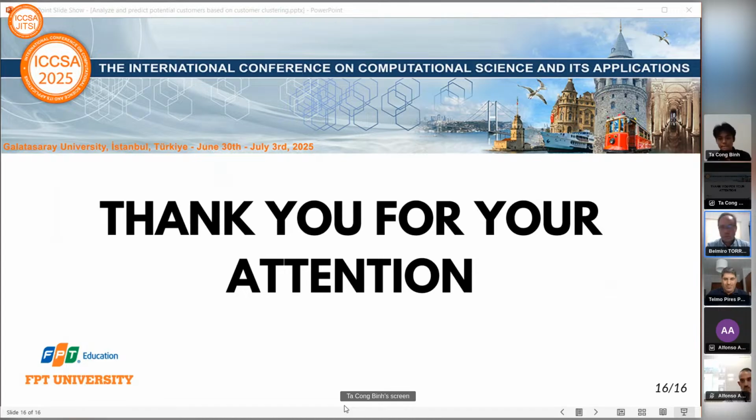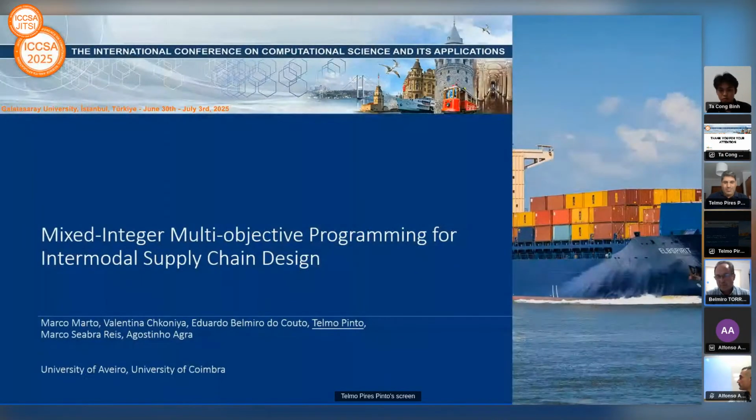Mr. Telmo Pinto will make the presentation of the Mixed Integer Multi-Objective Programming for Intermodal Supply Chain Design. Once again, we are putting computer science to improve supply chains, to improve our lives, to get goods better, more reliable, more accessible, cheaper, and improve the life of customers. Please, Telmo, make your presentation.